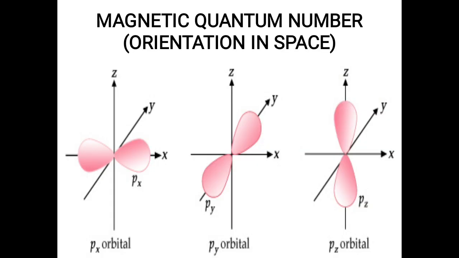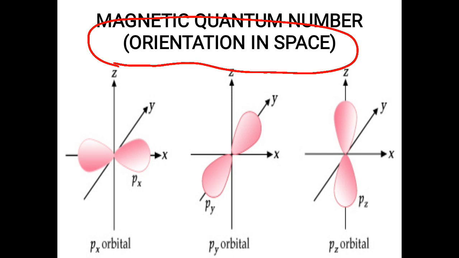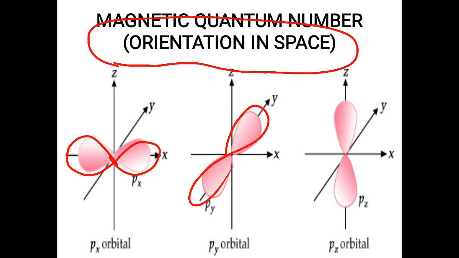Now we go ahead and study the magnetic quantum number. This time we study the orientation in space. Now we are closer to today's topic. As you know, the p subshell can accommodate 6 electrons, but these 6 electrons are found in 3 different axes: first the px orbital, then the py orbital and the pz orbital.